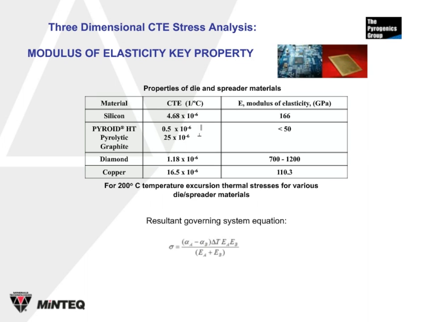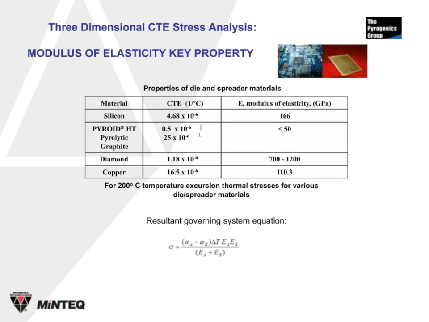And that first property that we would like to discuss is the modulus of elasticity. And what we see in its modulus of elasticity, it is quite lower than some of the alternatives, including diamond and copper. And this becomes important.